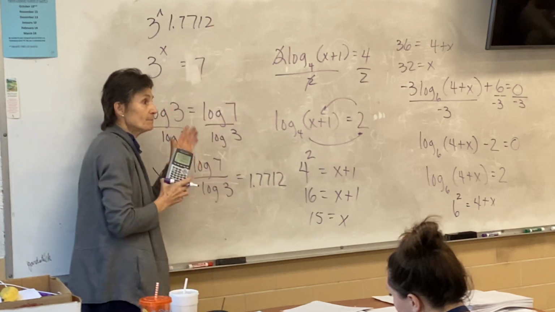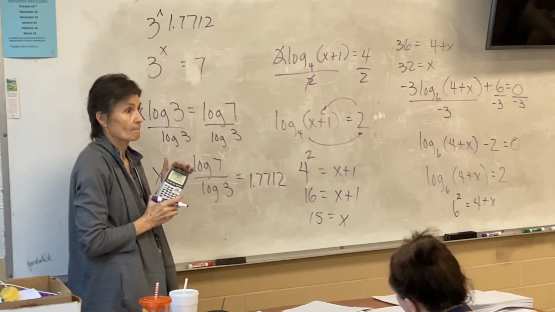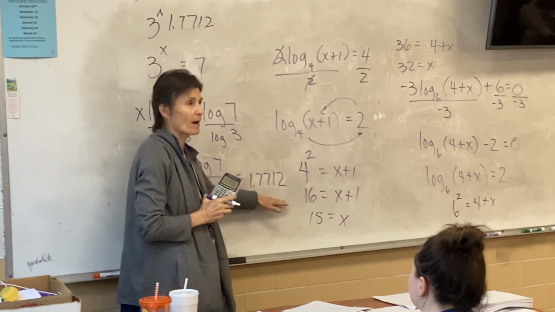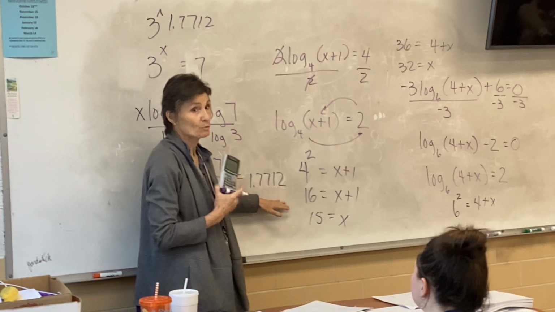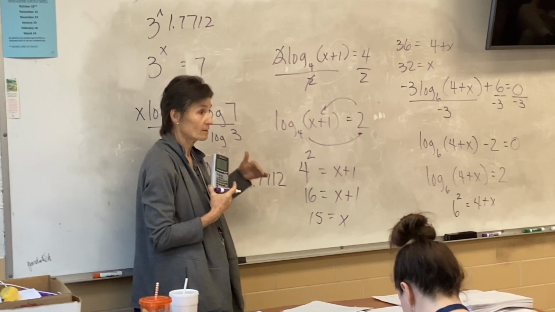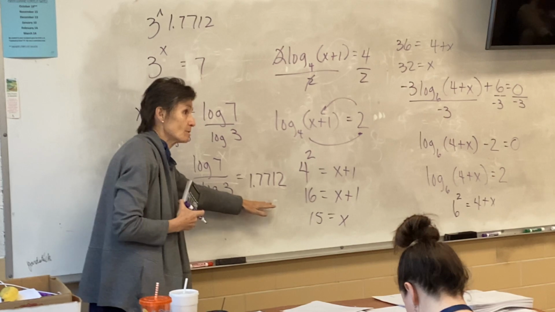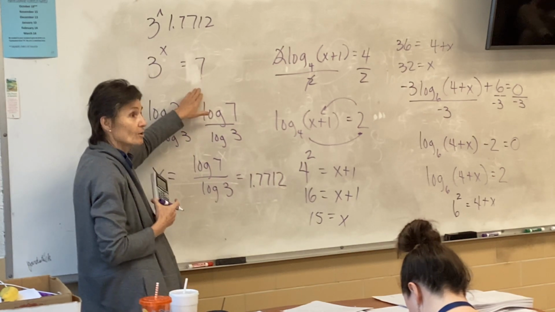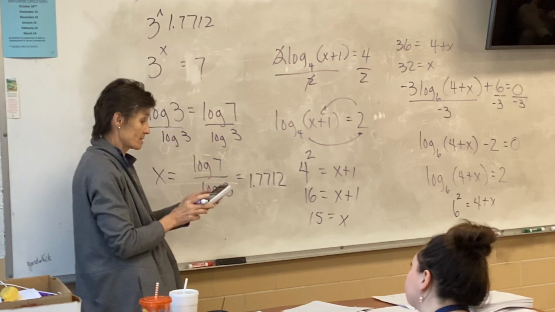And do you get 7? You don't get exactly 7 because we rounded this off, but don't you get real close to 7? Yeah, we just checked our answer. This is the answer to the problem. We just checked it because I wanted you to see it works. It really works. It's so cool.